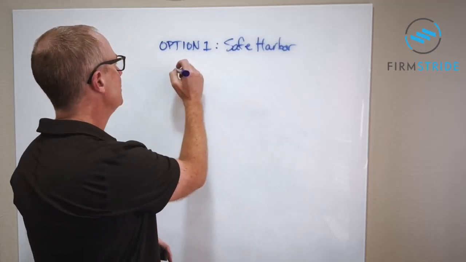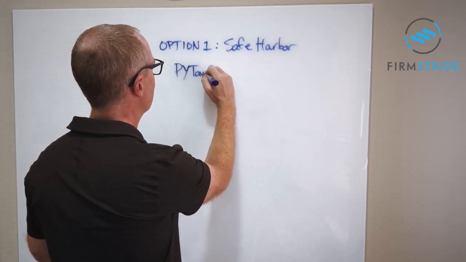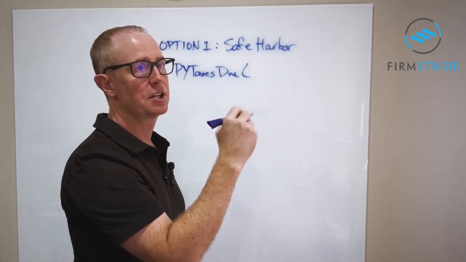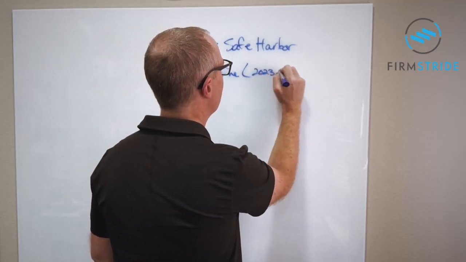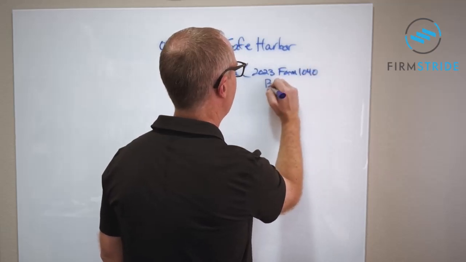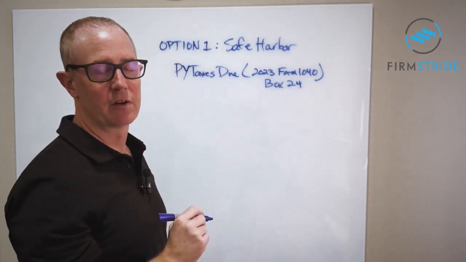So what you do is you take the previous year taxes due. And if you're watching this video in 2025, that's your 2023 Form 1040, Box 24. That's got your total taxes due for 2023.